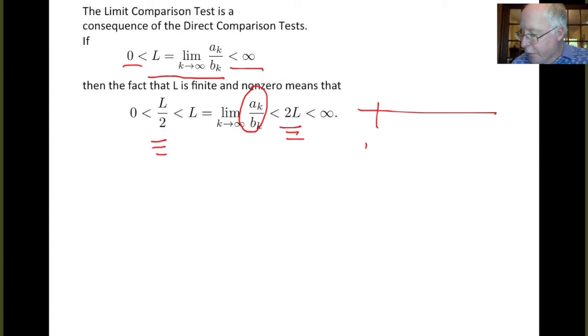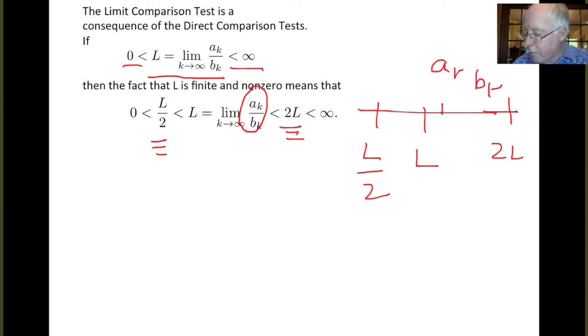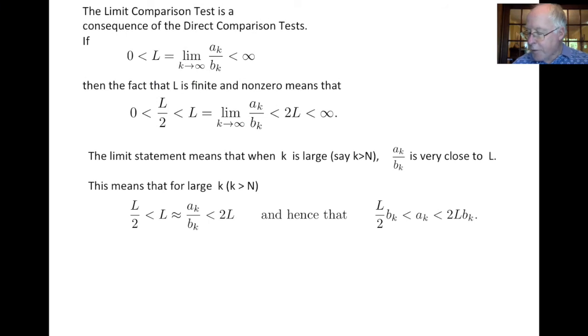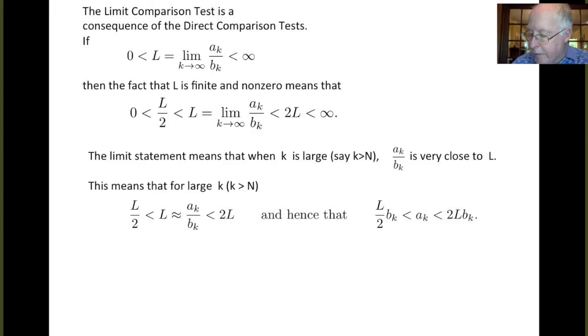So if you look at the number line, there's L over 2, there's L, and out here might be 2L. And eventually all the AKs over BKs, if they're getting close to L, are looking something like that. What that means is that when k is large, the AKs over BKs are going to be close to L, so they're going to be somewhere between L over 2 and 2L.